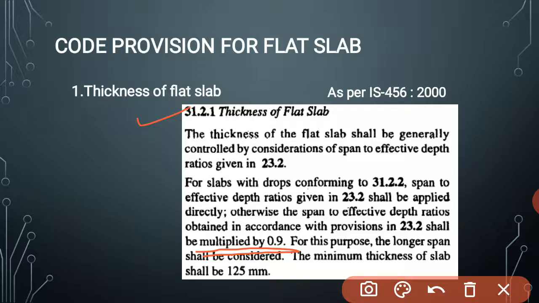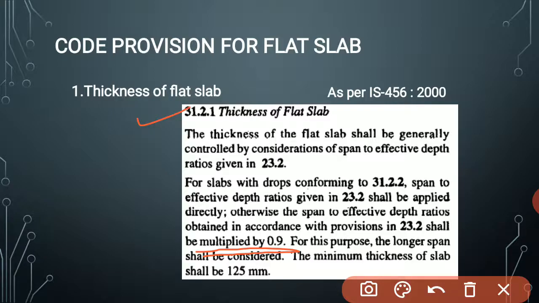Okay, then the value of L by D shall be modified depending on the area of tension steel required. The area of tension steel shall be calculated by taking the average percentage of steel across the whole width of panel.